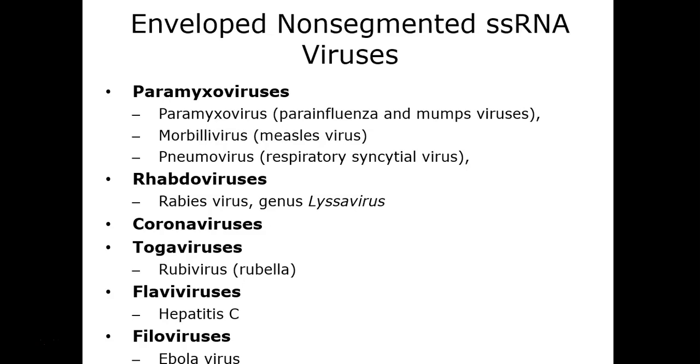We'll get into the rhabdoviridae, which are the rabies viruses, the coronaviridae, or coronaviruses, the togaviridae, and this is where we find rubella, the flaviviridae, or hepatitis C, and we started to talk about hepatitis viruses in chapter 24. And we'll talk about the filoviridae, or filoviruses, and the big one here is the Ebola virus.